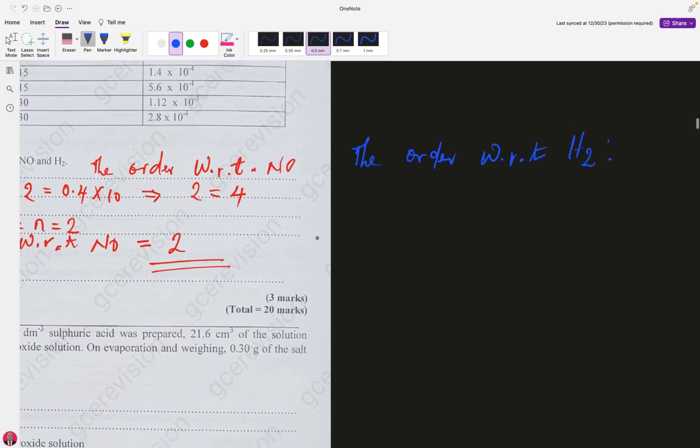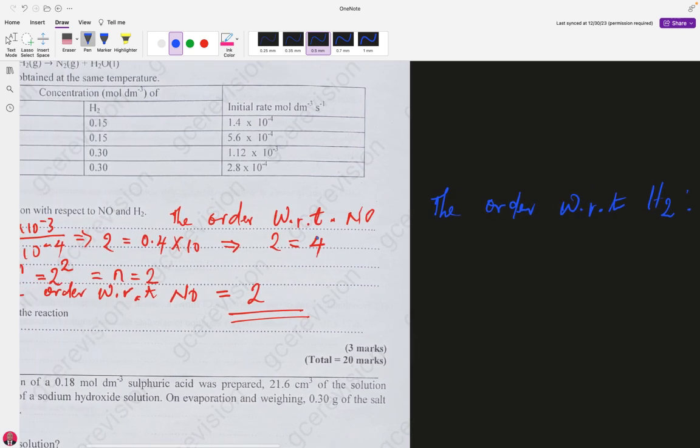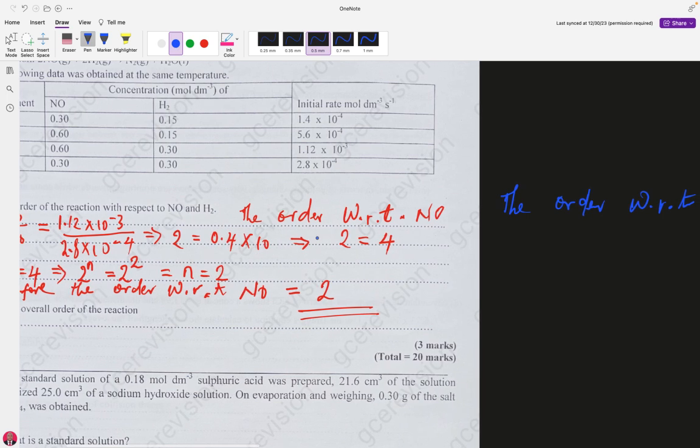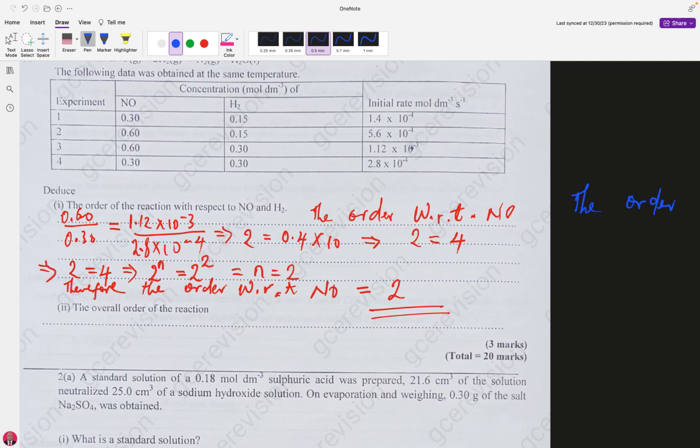Let's do the same thing we did the other time: we have to keep NO constant this time. If we keep NO constant, we can take experiment 1 and 4, or experiment 2 and 3. We can take experiment 2 and 3.